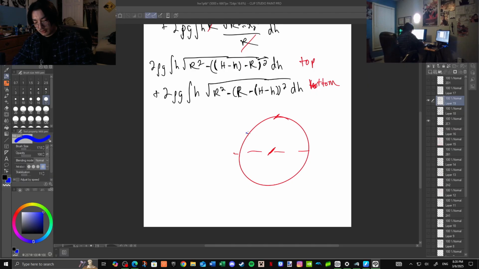And so we have the fluid at a certain point, right? And so we're only focused on the top half for the top half. So for this first integral right here, we need to focus on the top of the fluid going down to the center of the end cap, right?